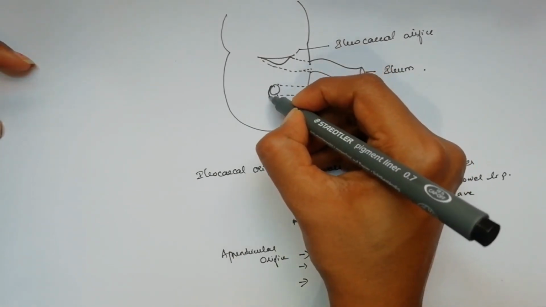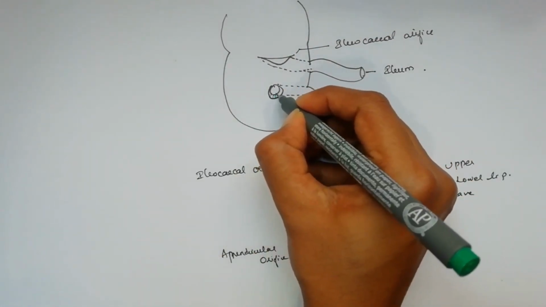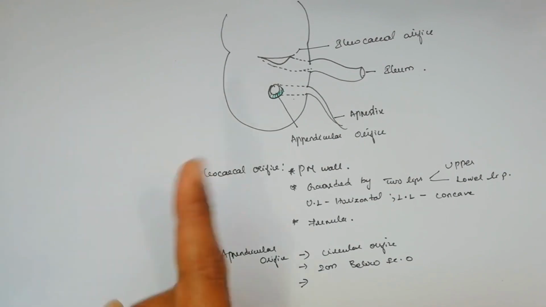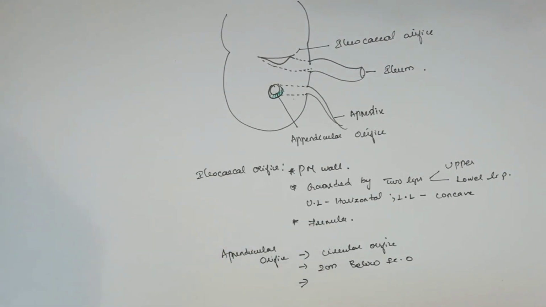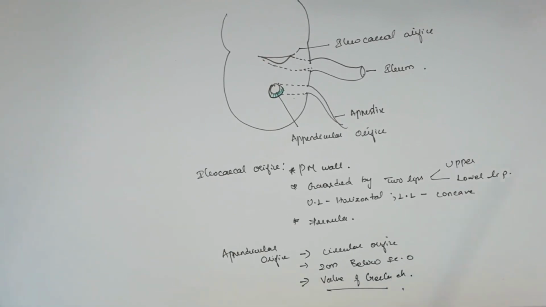This is again guarded by a submucosal fold, and that fold is called as valve of Gerlach. So a fold is seen covering this orifice, and that is called as valve of Gerlach. So these are the important features seen in the interior of cecum.